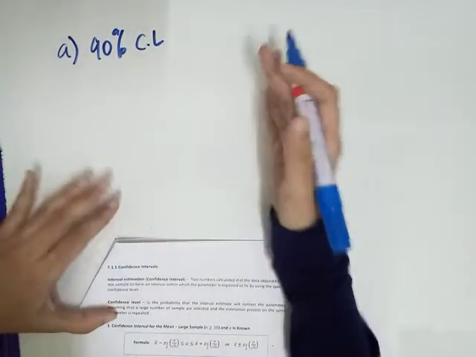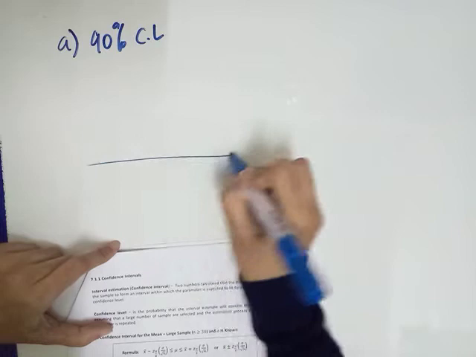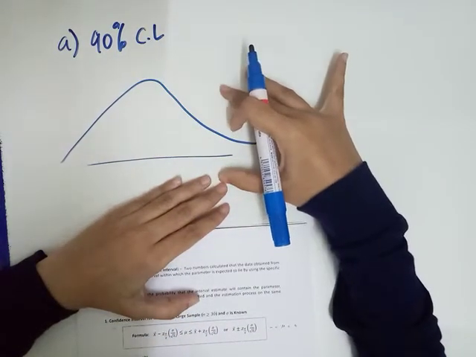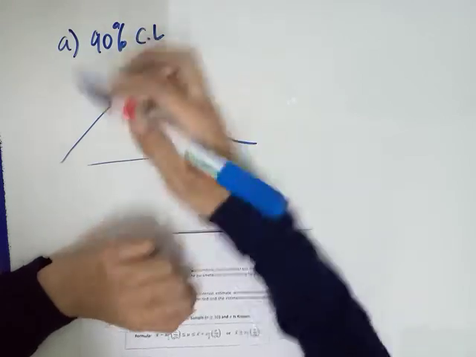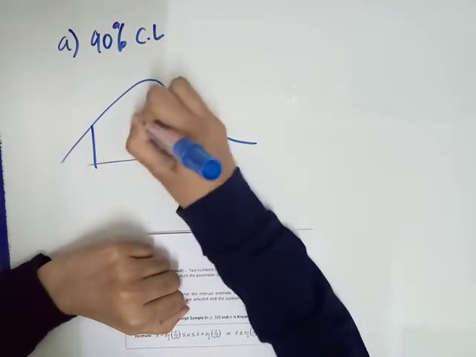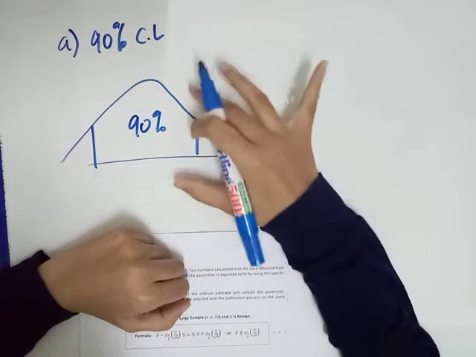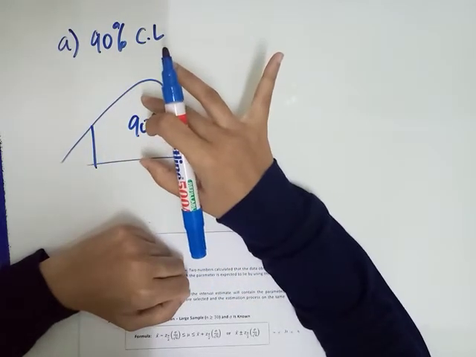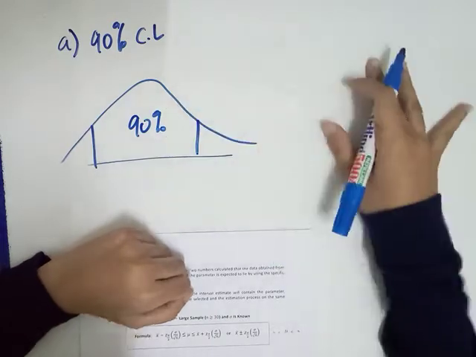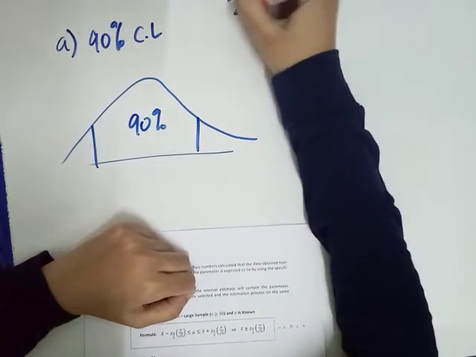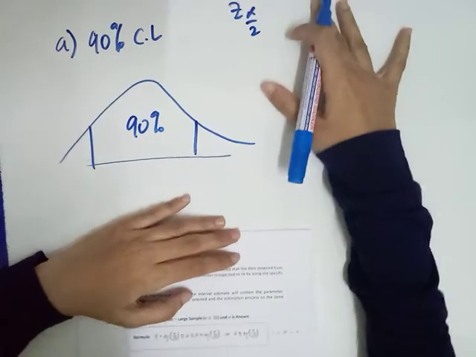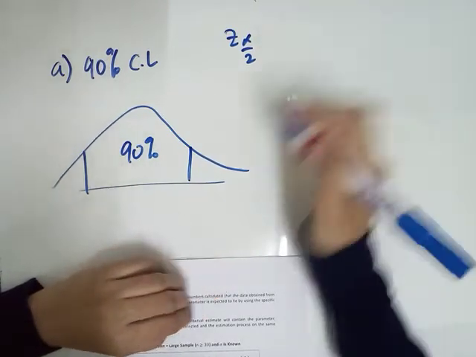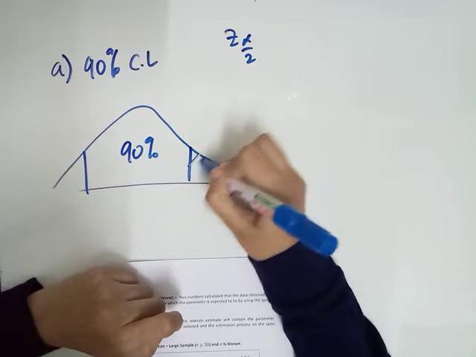For the standard normal distribution, we use the bell-shaped graph. Let's say this is the 90% area, the probability of the confidence interval. But we want to find z alpha over 2, which means alpha over 2 is the area in the right tail.